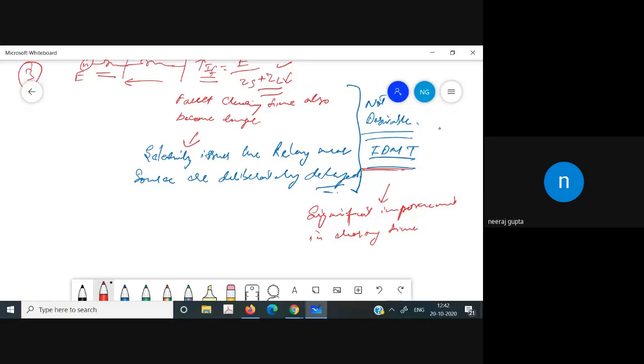So IDMT is the inverse definite minimum time relay.